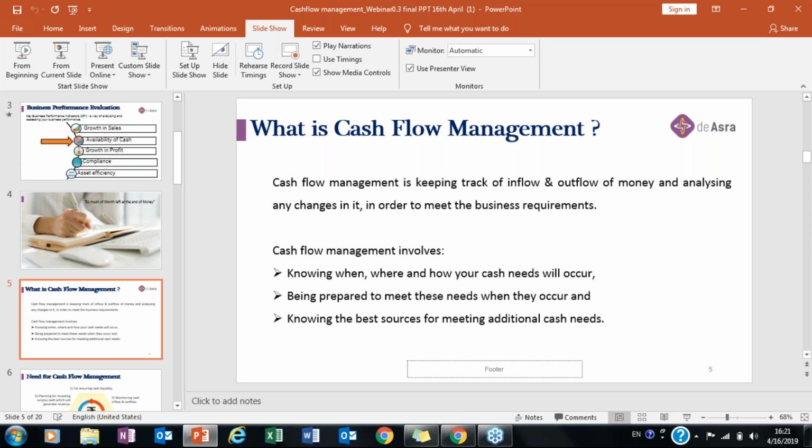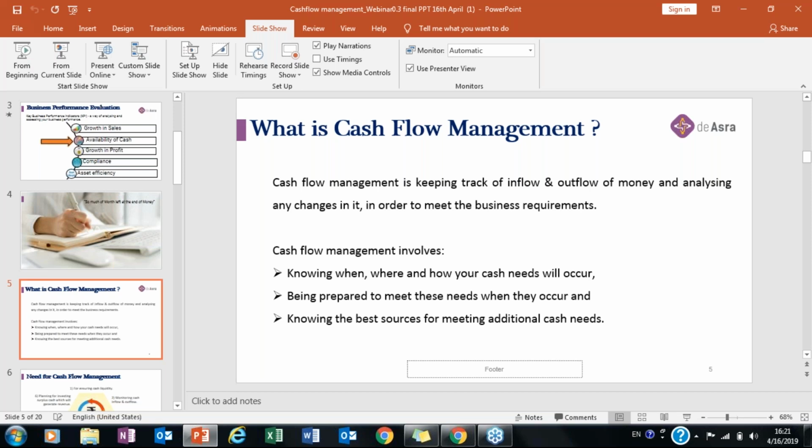Knowing the best source for meeting additional cash needs. When you do cash flow management, you understand where the major portion of your cash is going to be invested. By knowing that, you can also understand the best sources for meeting such additional cash needs in the business.